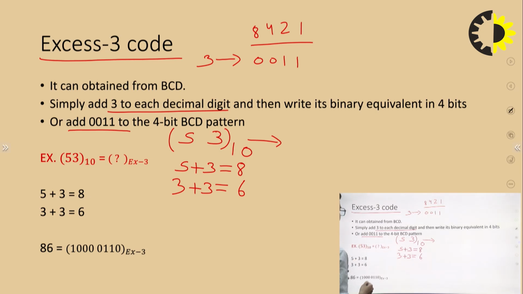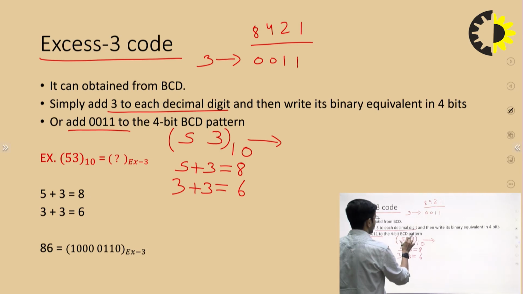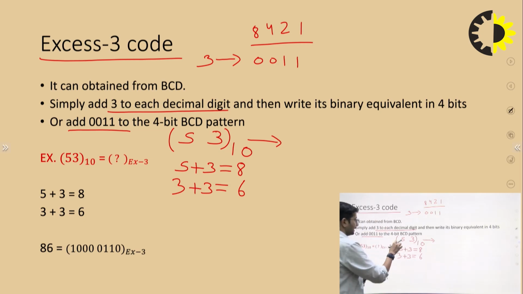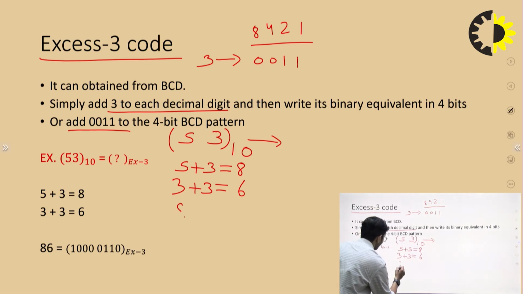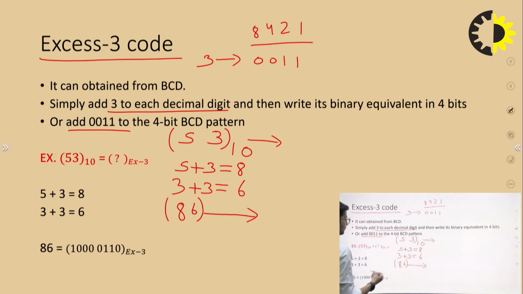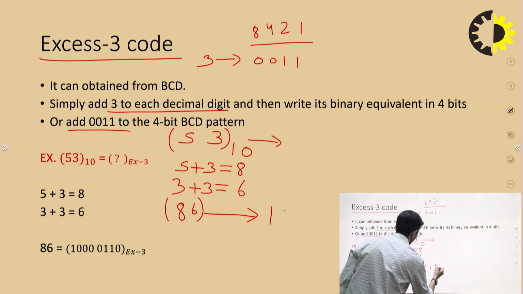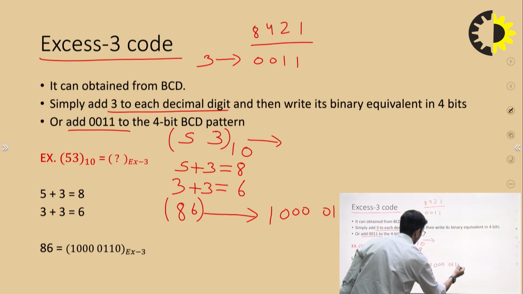Because this is an excess-3 code, we add 3 to each digit in the number. So finally we get 86, and we then convert it into BCD form. 8 is represented by 1000, 6 is represented by 0110. So this is our final answer in excess-3 in the form of BCD.